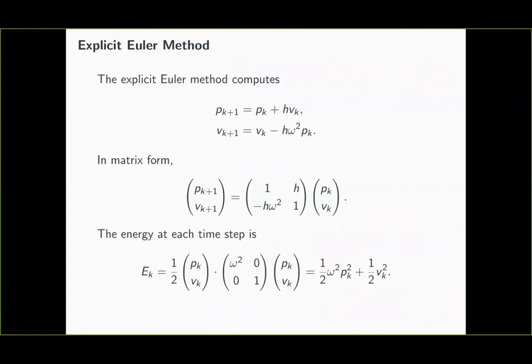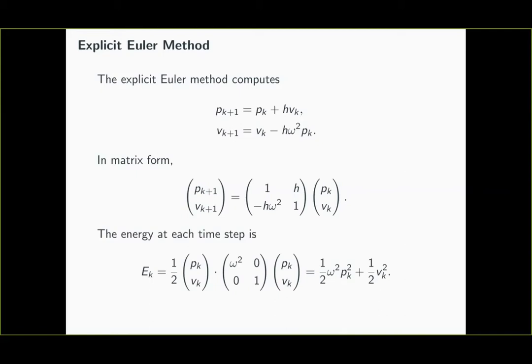Given pk and vk, the position and velocity at time tk, we compute pk plus 1 and vk plus 1 as follows, namely pk plus 1 is equal to pk plus h times vk, and vk plus 1 equals vk minus h times omega square pk. And these two equations can be expressed in terms of a matrix vector product.